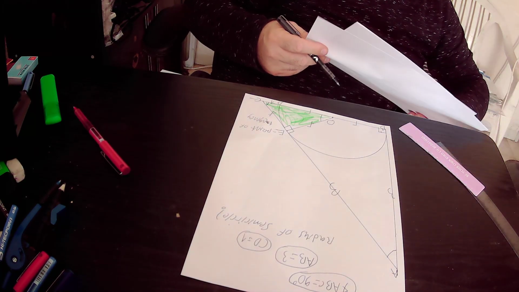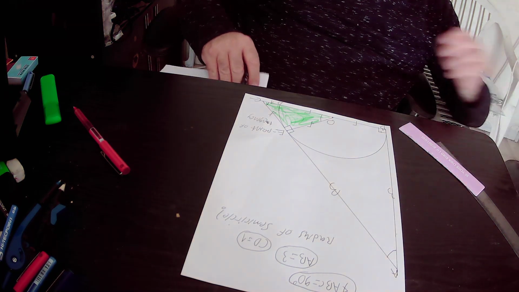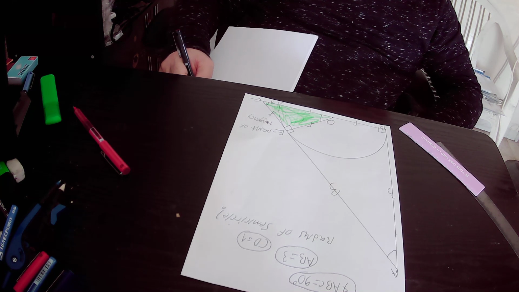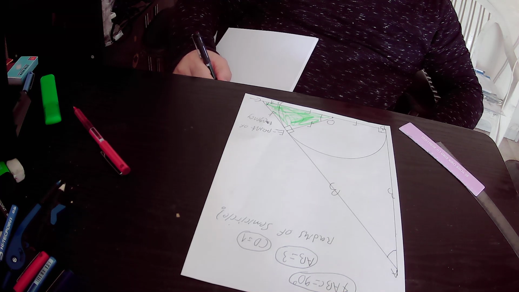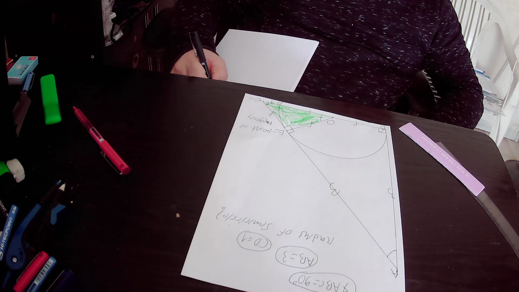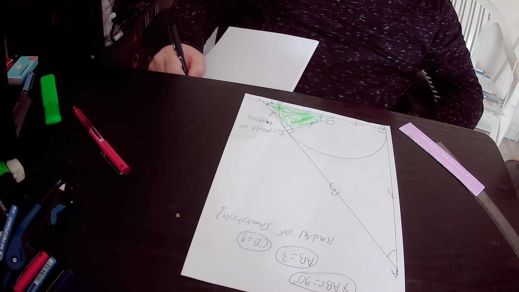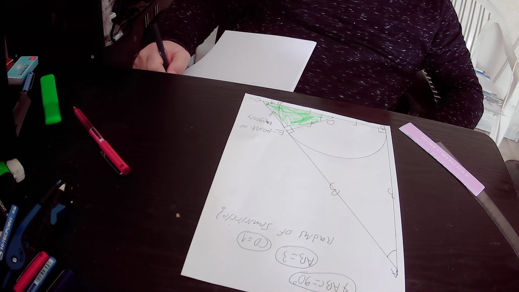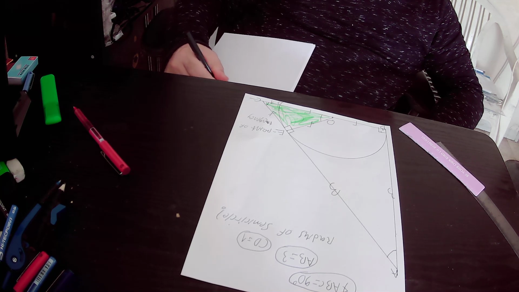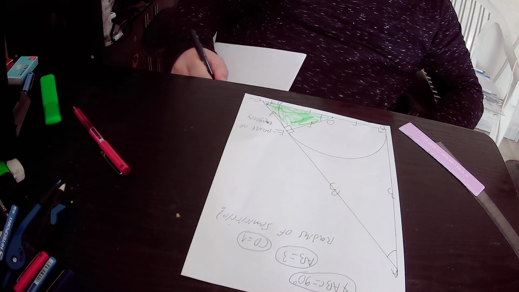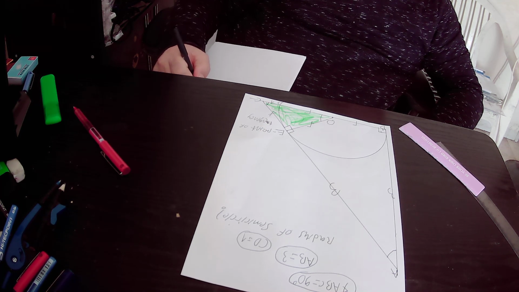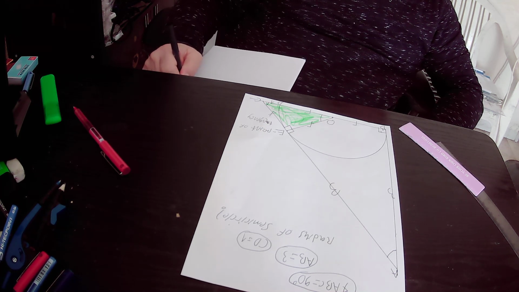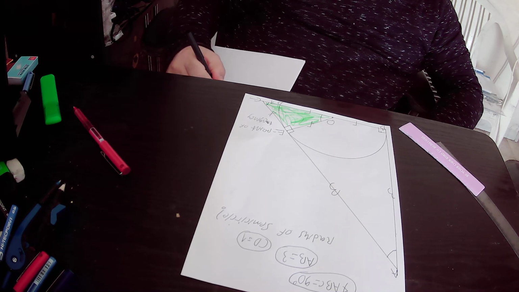So I'll write it down. We actually proved that triangle ABC is similar to triangle OEC according to angle similarity rule.